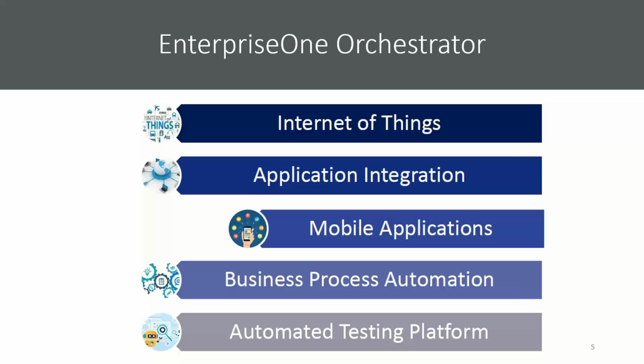Then a subset of that is these mobile applications. So now that JD Edwards no longer supports those traditional mobile apps, we need to come up with a way to create our own quickly and easily and do so in the most efficient way possible.